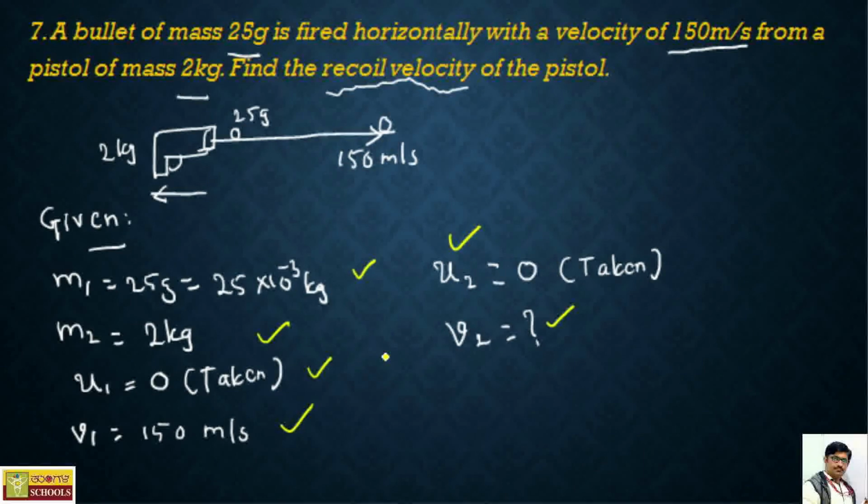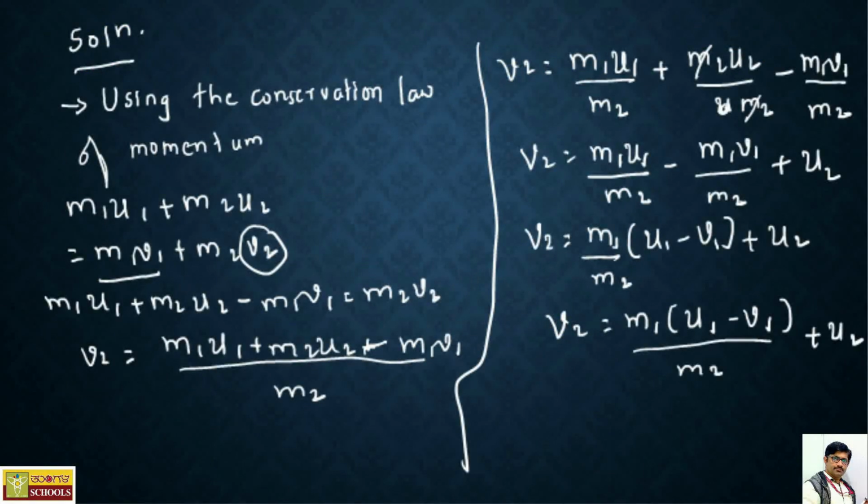Okay, if you substitute all these into the expression, that is M1 U1 plus M2 U2 equal to M1 V1 plus M2 V2, you will find the result as 0. So that will verify the law of conservation of linear momentum. So you take it as homework and try to get the 0. Okay, so this is the small thing I am leaving.